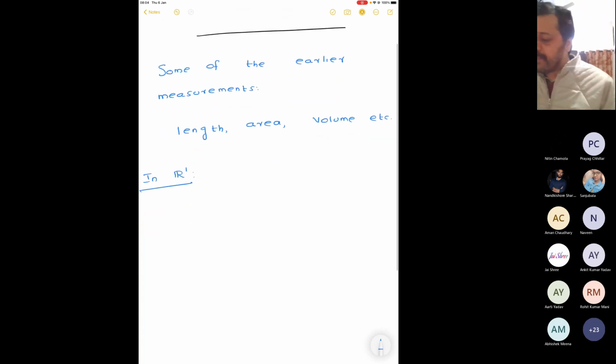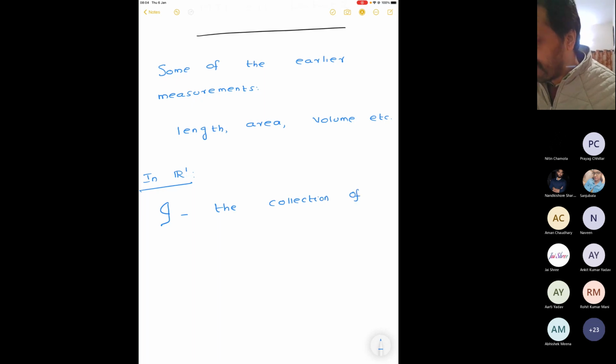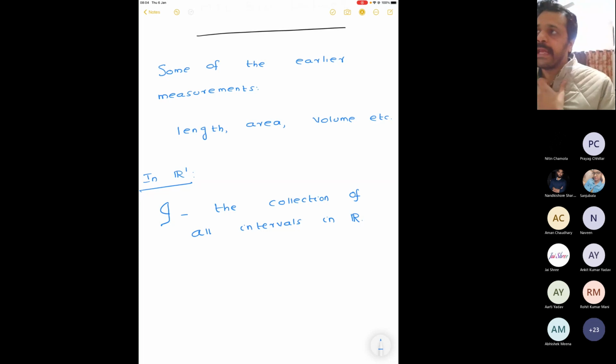So let me consider script I to be the collection of all intervals in R. For instance, given an interval AB, you know its length is B minus A. Therefore, what length does, if you view it closely, is that it associates a non-negative real number with every element in script I. That's what length does if you view it as a function.